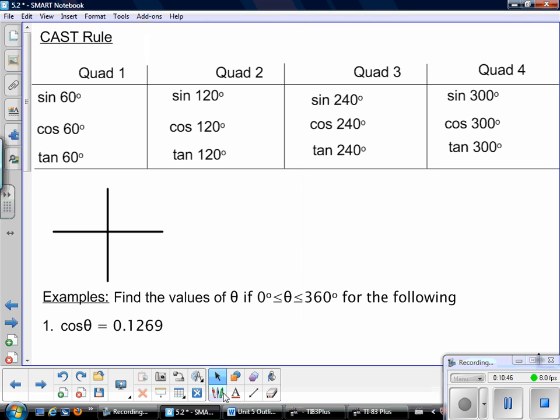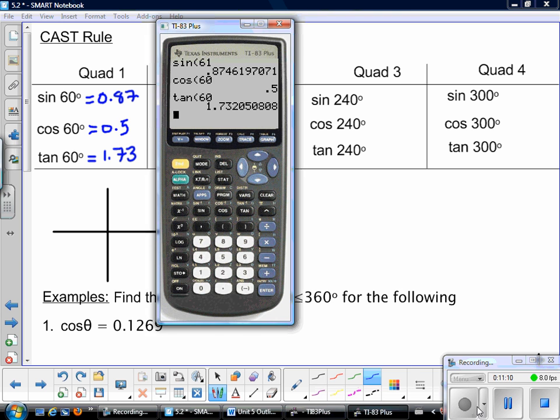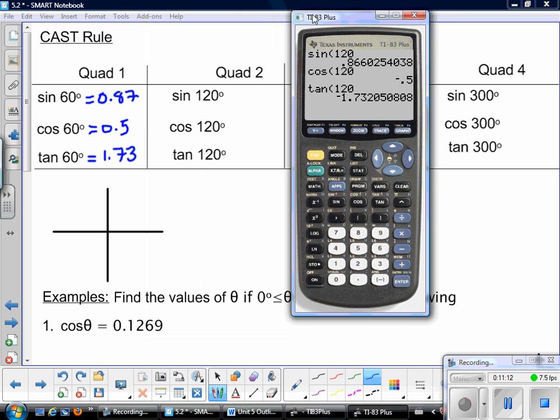So up comes, this one was positive 0.87. This one was positive 0.5. And this one was positive 1.73. Okay, no surprise there. Let's take the calculator and do the next one. Okay, so now I've entered those, and you can see that I have the exact same numbers, except some of them are still positive, but some of them are negative.